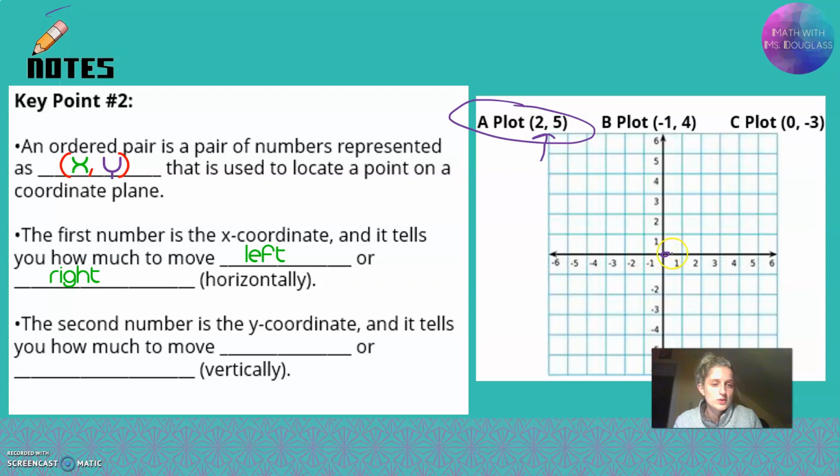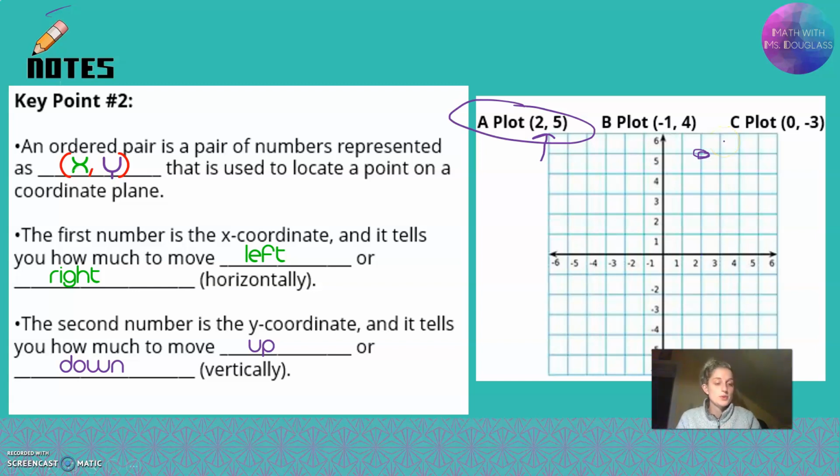Starting at the origin, going 1, 2 to the right, because it's positive. And then the second number is that 5, also positive. That tells me how much to move up or down. So once I've hit my 2 over, left or right, I'm going to go up or down. This is positive, so I'm going up 1, 2, 3, 4, 5 spaces. And I put 1 circle or 1 dot right at the point where those lines cross.